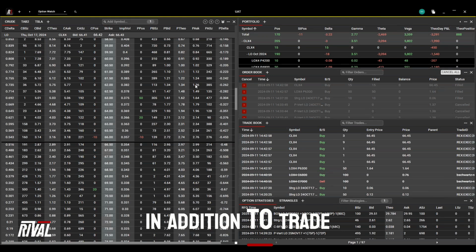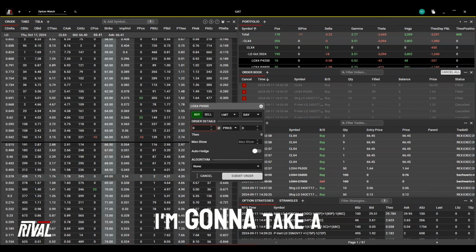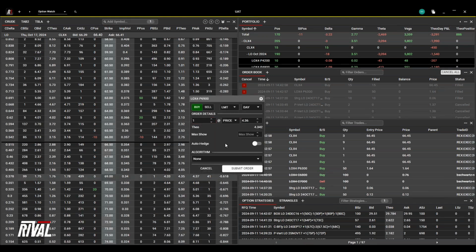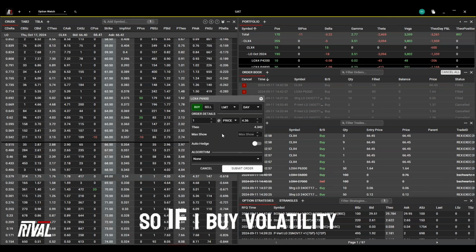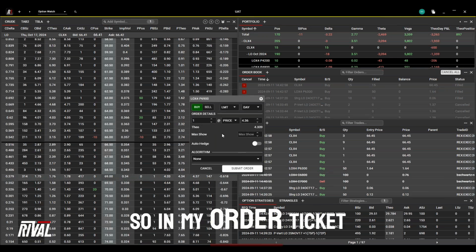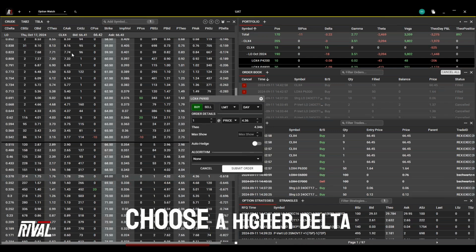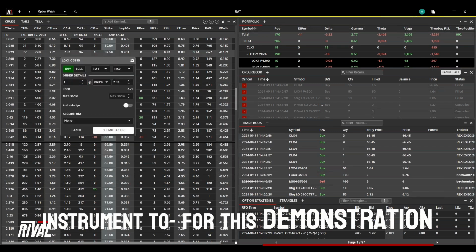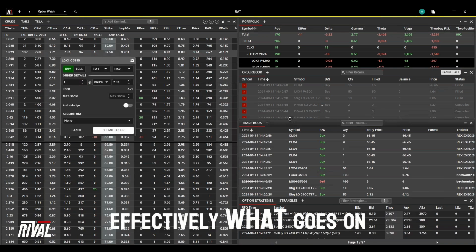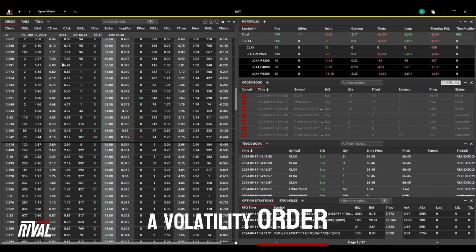In addition to trade by price, I'm going to take a look here at another feature, trade by vol. So by volatility. So in my order ticket, I'm looking now at this 69 put. Actually, I'm going to choose a higher delta instrument for this demonstration, so you can see effectively what goes on when you put in a volatility order.